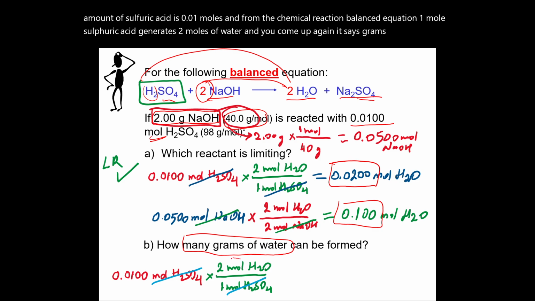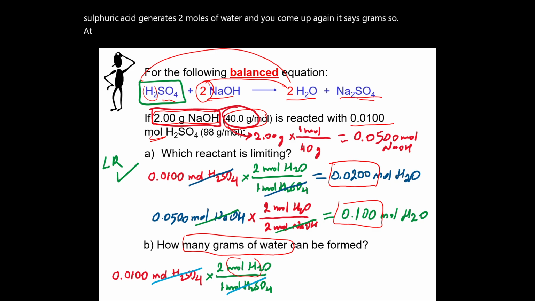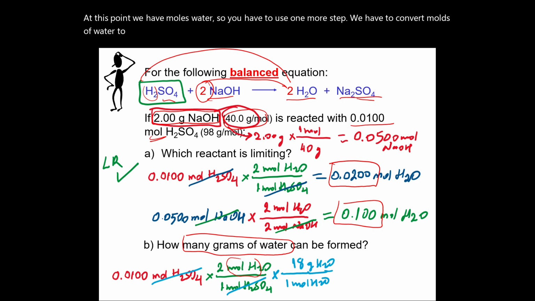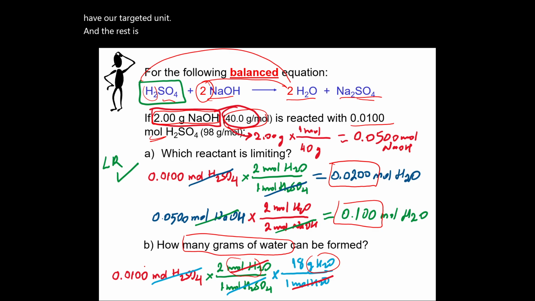So at this point, we have moles water. So you have to use one more step. We have to convert moles water to grams water. You see, that will cancel out. And now grams water, that means we have our targeted unit. And the rest is just math, 0.01.